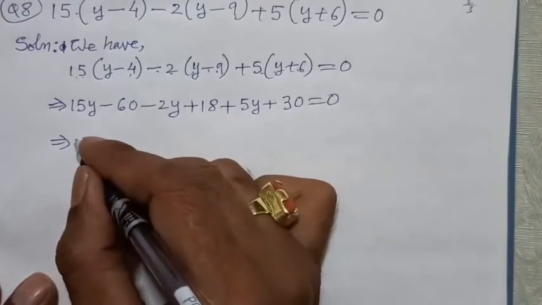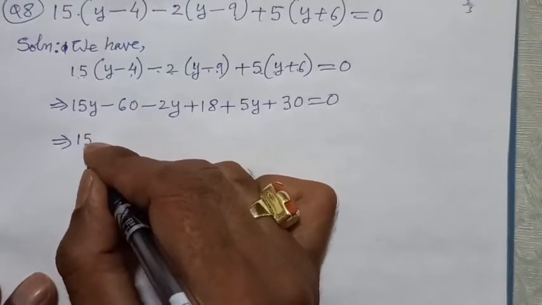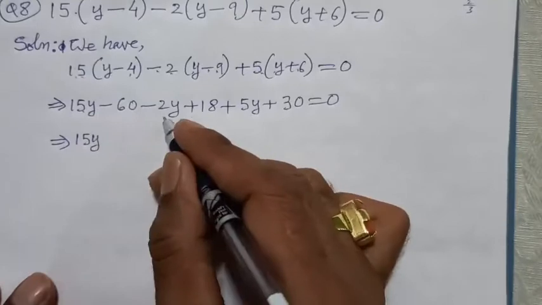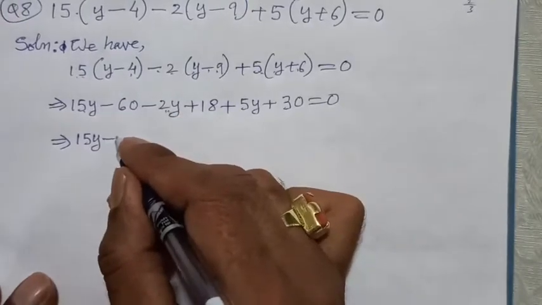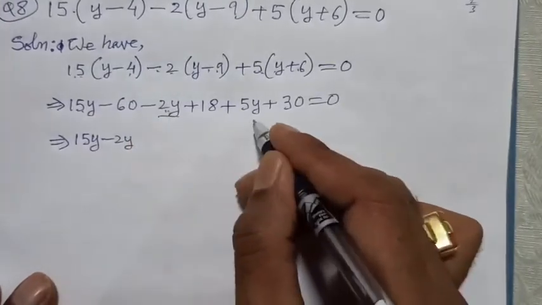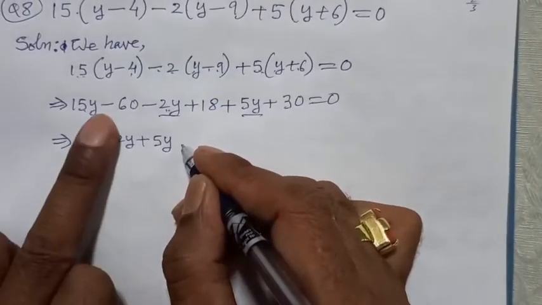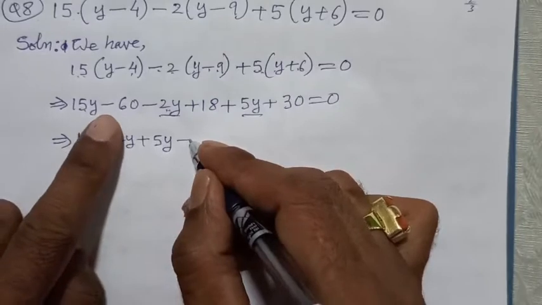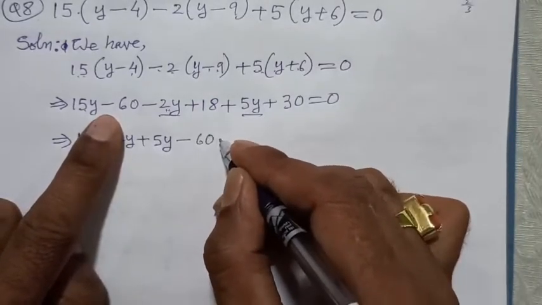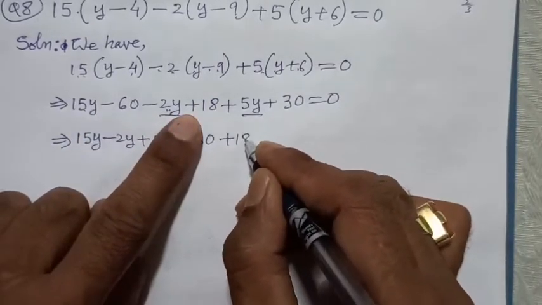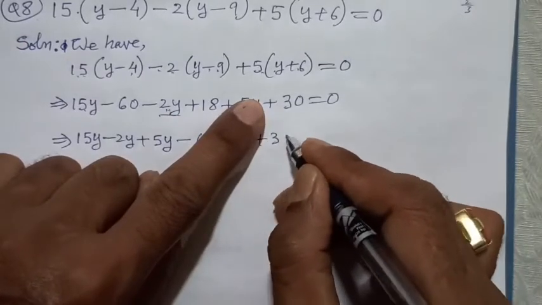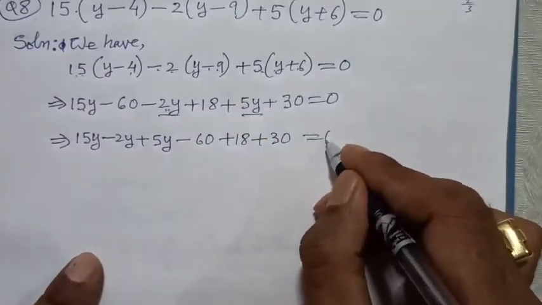Let's write all the terms with a variable together. 15y, minus 2y, plus 5y, then the numbers, minus 60, plus 18, plus 30 is equal to 0.